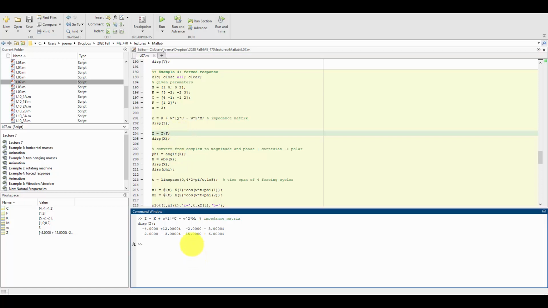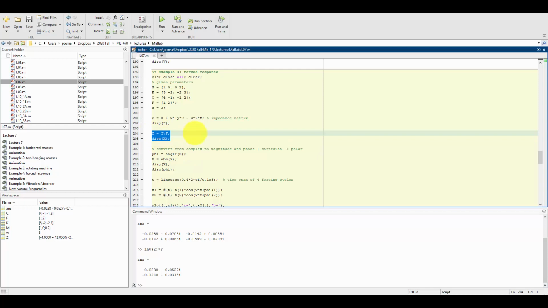But let's see what happens. I can do inverse Z, and it inverts the matrix for me, and that's fine. And I'm going to do inverse Z times F, and we see that that's the result we get. I'll copy that down in a moment. But if we do the same operation here with the backslash, let's just see that we do get the same result.